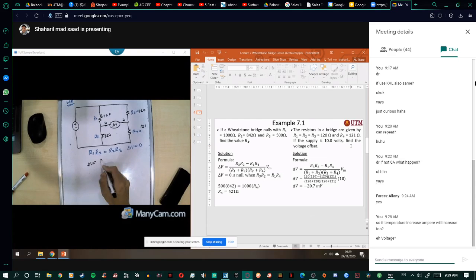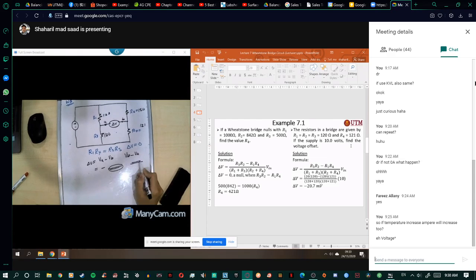If the formula you take is VA minus VB, the bridge for VB is more than VA, that's why you get negative. But it doesn't matter, this is only the sign. The most important thing is the value. If you take VB minus VA, you will get the same value as this one. All right.